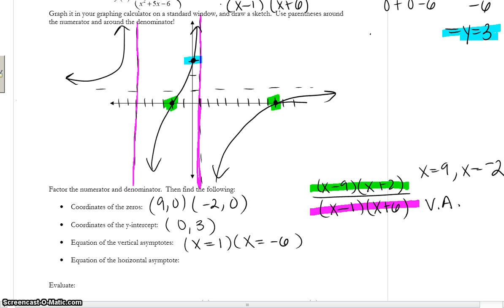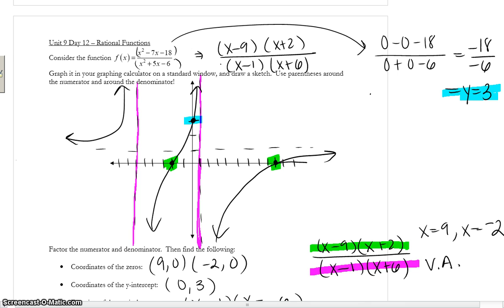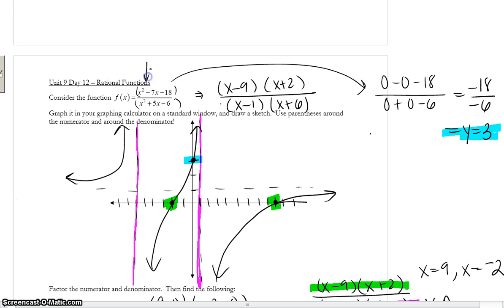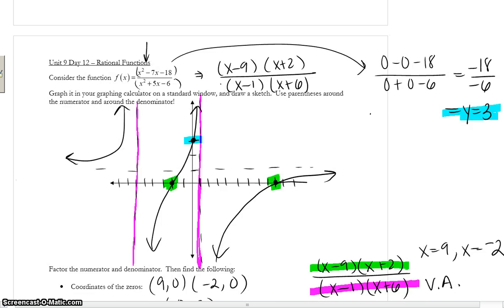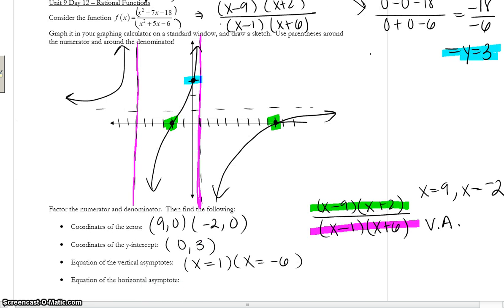Our rules are based on the exponents of our function. So here are our rules for finding the horizontal asymptote. We have some number a, x to the n, over some number b, x to the k. So n and k are our exponents.